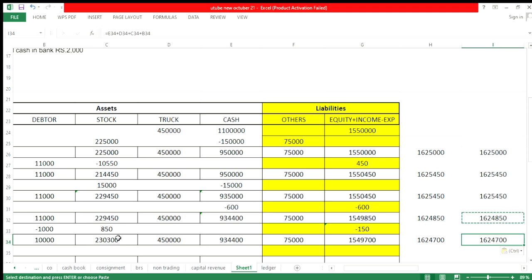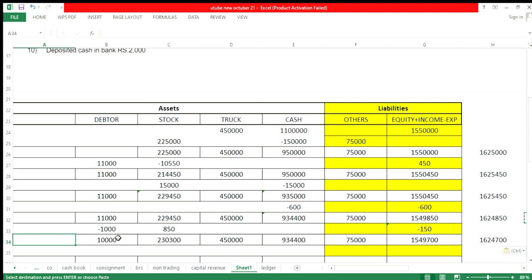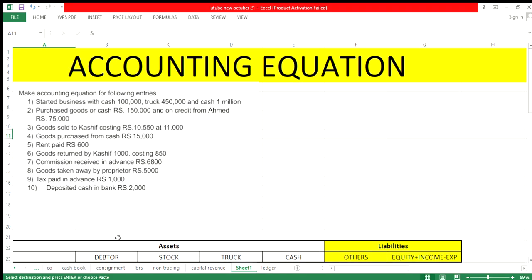So 1624700 totals are equal. I am requesting you to please repeat and revise it.